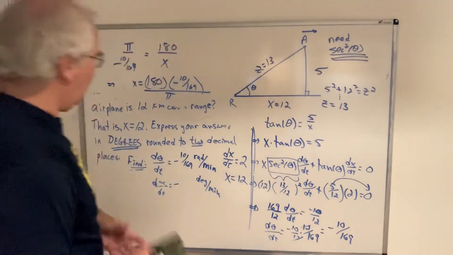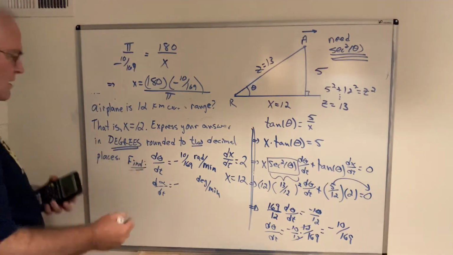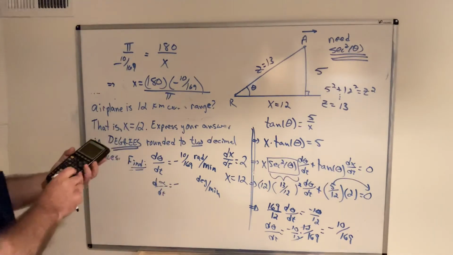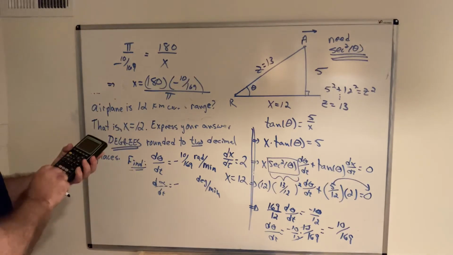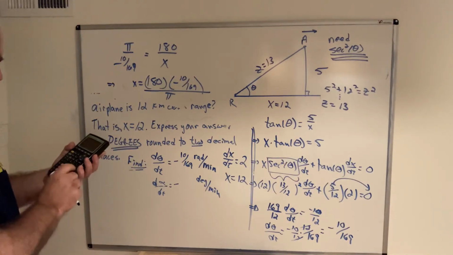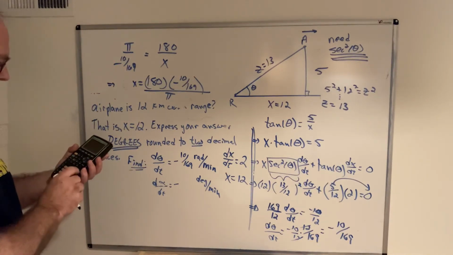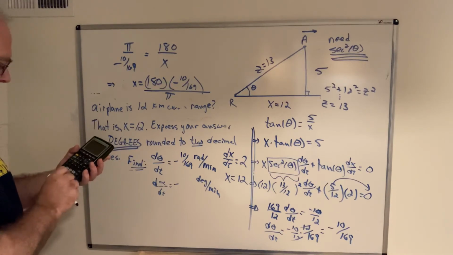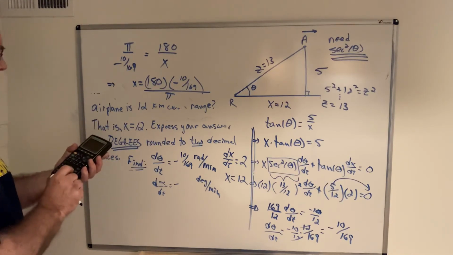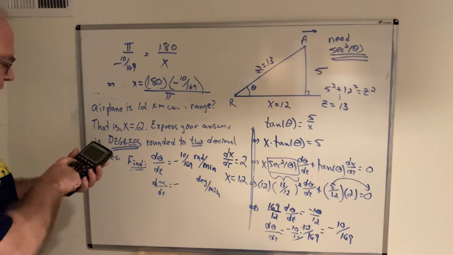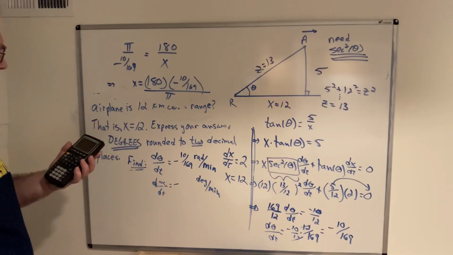Let's see if I can now work this out. It's going to be negative something. What I have here is 180 times 10 divided by 169. And then I'm going to divide that by pi. And I have 3.390.